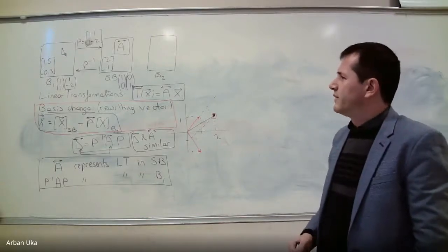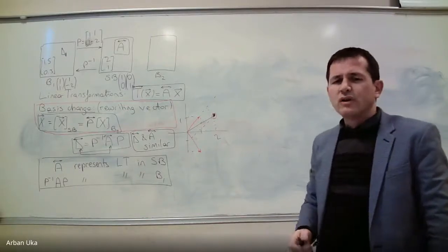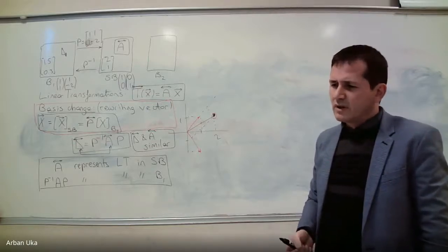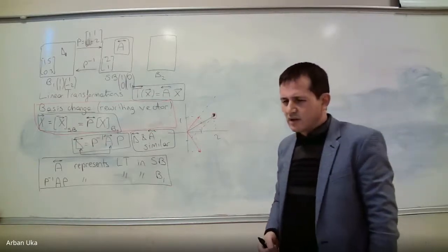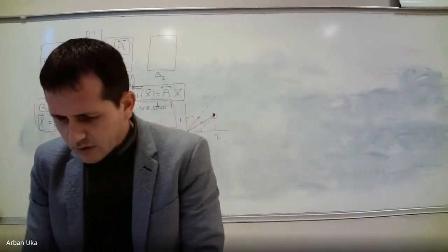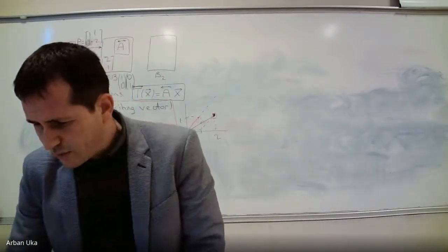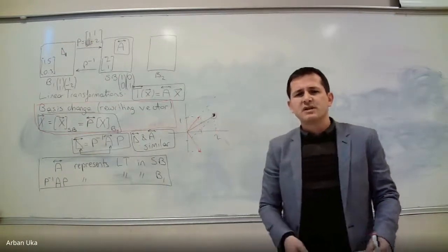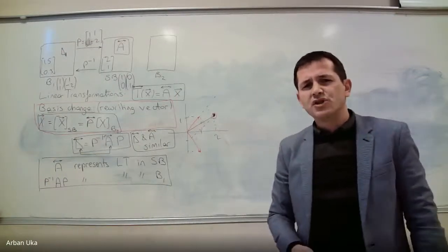But to do that, we have to search among all the possible bases. In principle, we might have an infinite number of bases to choose from, and we're not going to test all of them. So it would be very good if we could pick the best basis with a well-defined procedure.